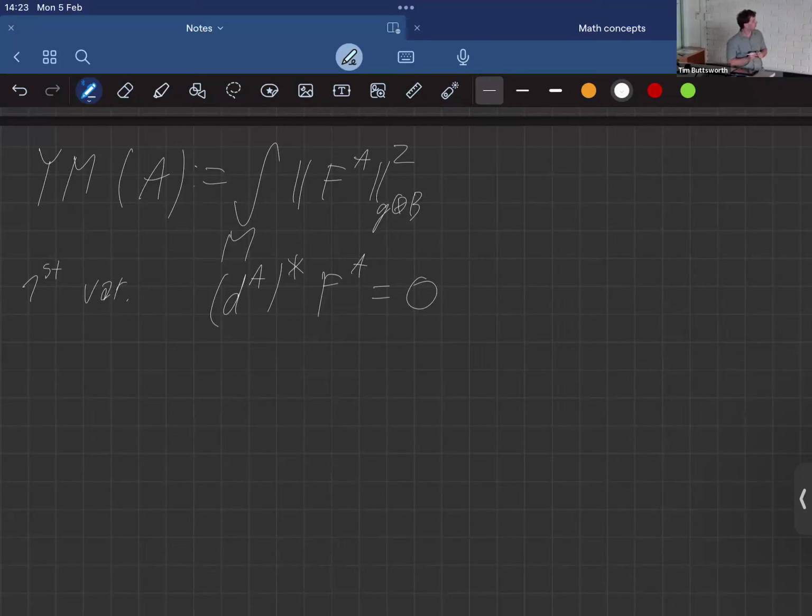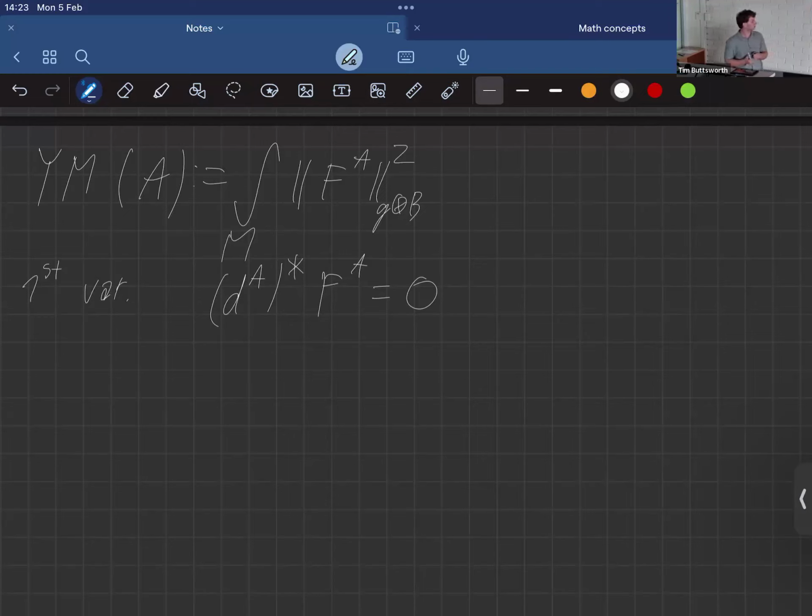Right? And now there are a bunch of problems. First remark: so you mean these are the critical points? Yeah, these are the Euler-Lagrange equations for this functional above.